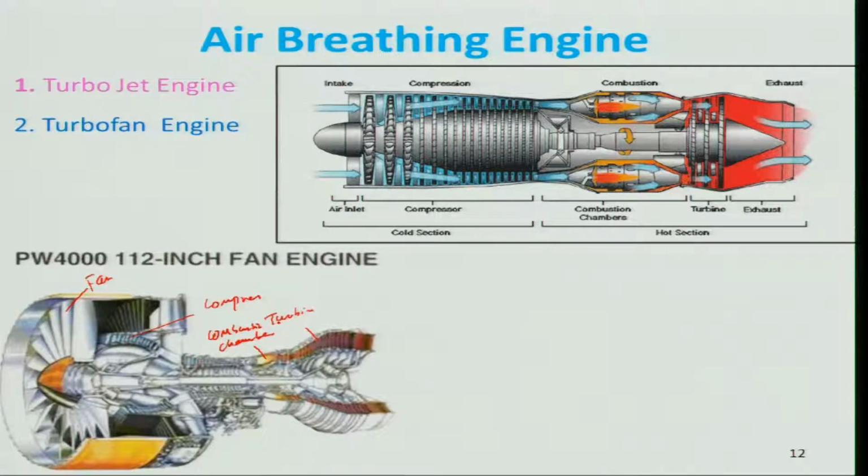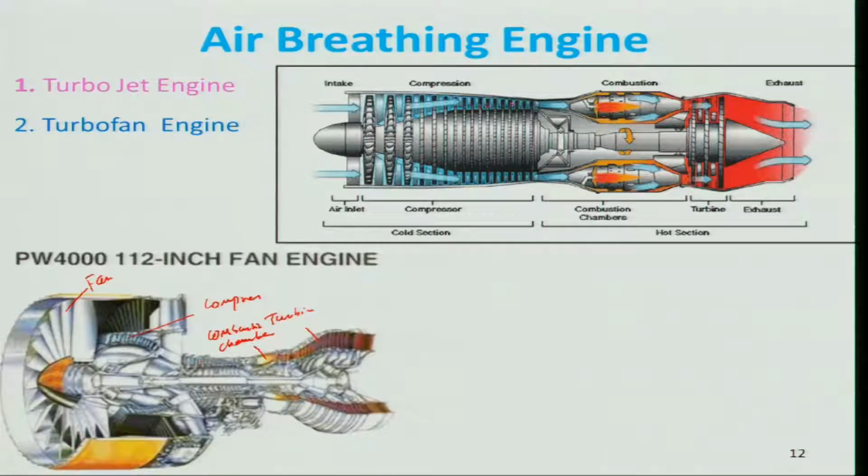What I am saying is that this is different from that, but what is happening to the fluid which is entering this engine? As the air enters the compressor, its pressure will be increasing, and then in combustion its temperature will be increasing again.